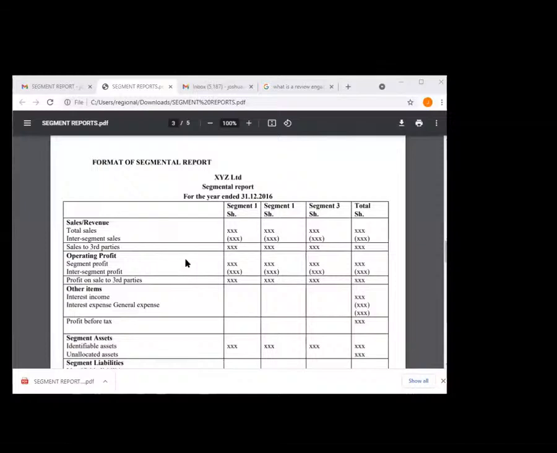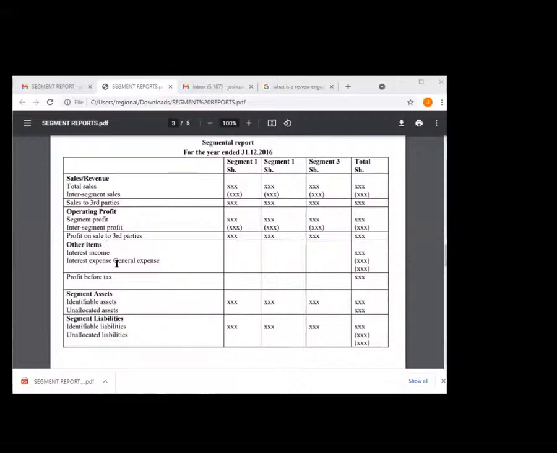Another thing that we have to disclose is the operating profit, which is segment profit. Very important for each segment. Inter-segment profit must be deducted for us to get profit from third parties. Then we have other items, where we have interest income and interest expense, and then of course you can see we have profit before tax.